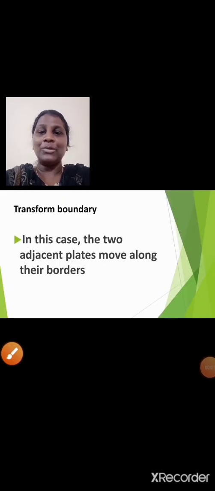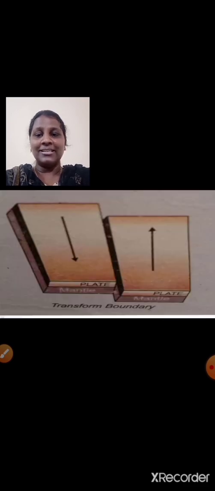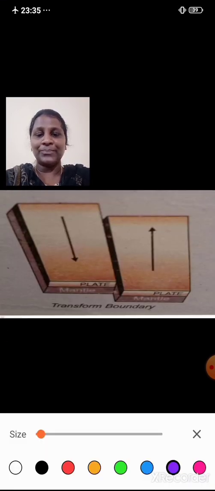Let us learn about transform boundary now. In this case, the two adjacent plates move along their borders. Here in this picture you can see, students, the arrow marks.